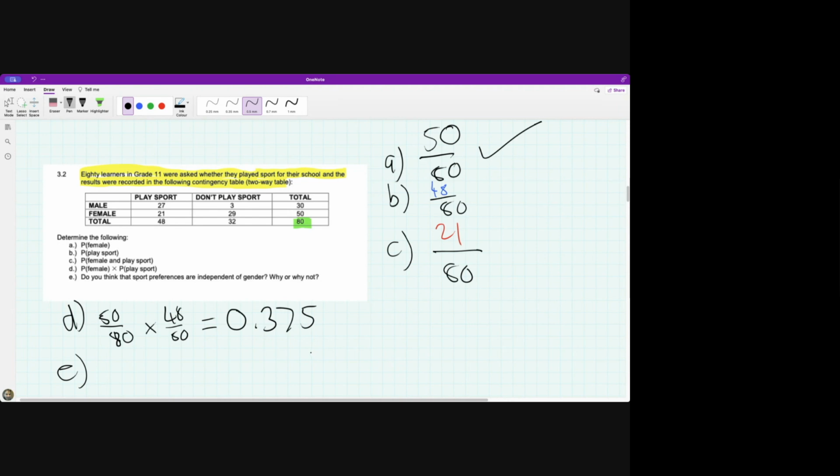Now, for this one, for C, what is 21 out of 80? It's 0.2625. So is playing sport and gender independent of each other? Yes or no? What do you think?